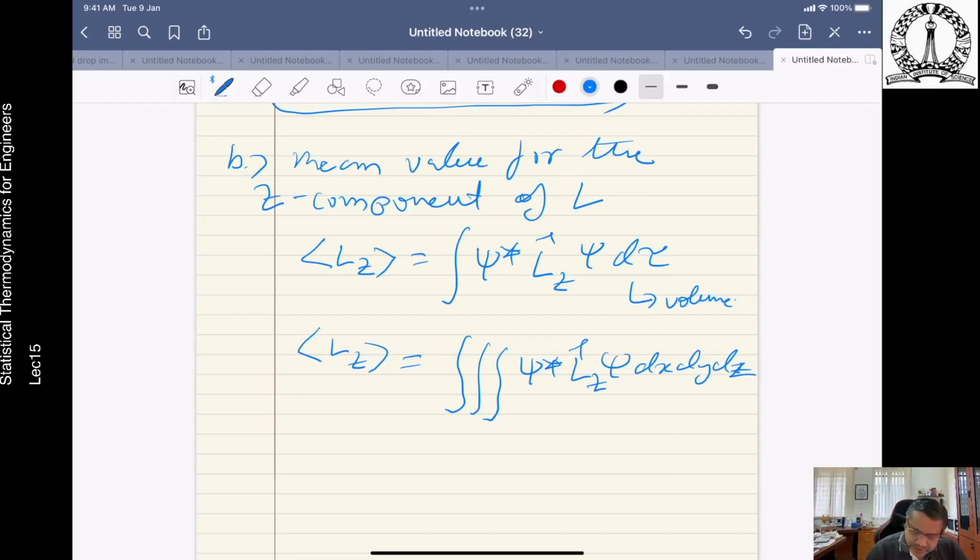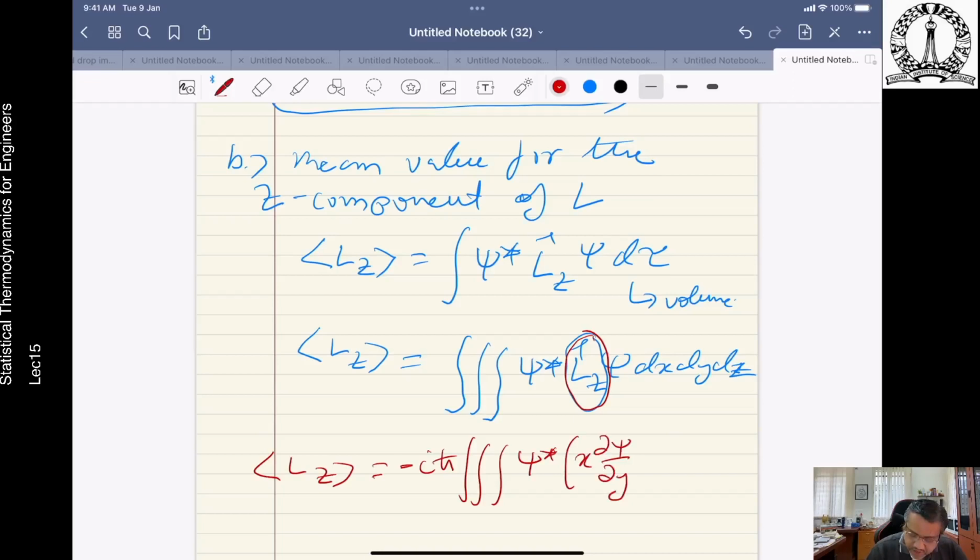So if I now substitute the operator value, Lz bar will be minus i h bar triple integral psi star x d psi by dy minus y d psi by dx dx dy dz.